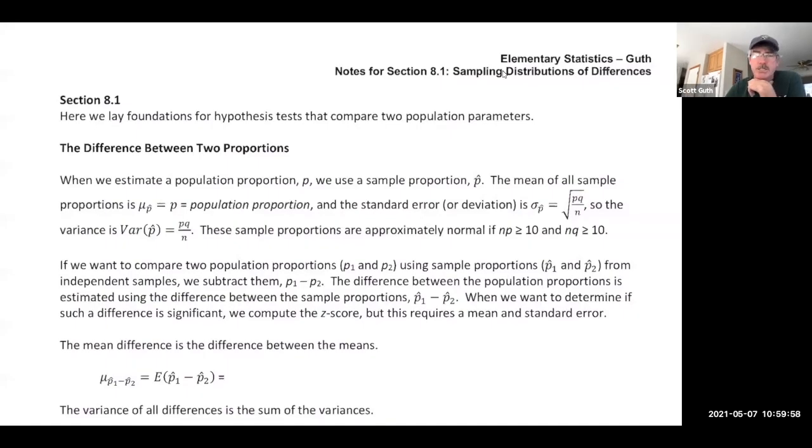Okay, so we're going to start section 8.1. At the very last section of chapter 7.6, I think, we were testing means and comparing means from two different samples. But the samples had to be what we call matched pair samples, where it was the same individuals usually before and after some treatment is applied.